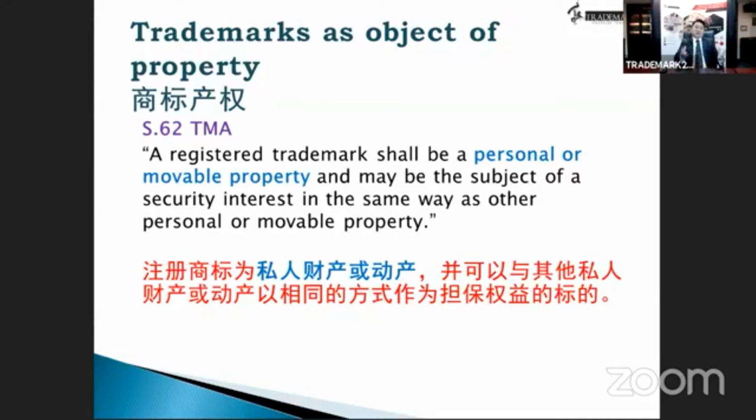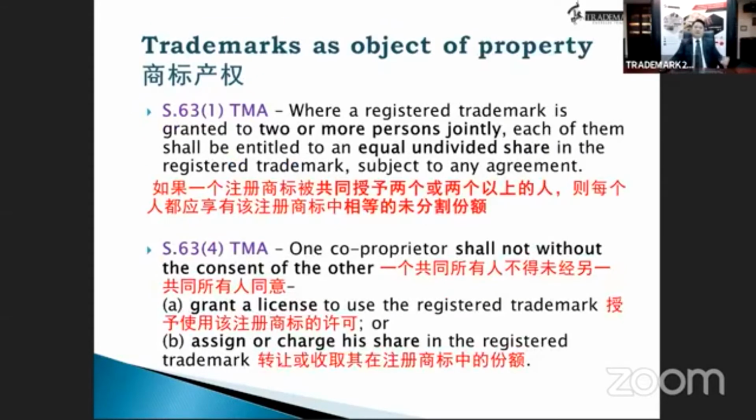Because a registered trademark under Section 62 of the Trademark Act is like personal property, just like your car, your houses, your real estate. It works the same, all right? You have a title, you can assign, you can do whatever with the title, okay?